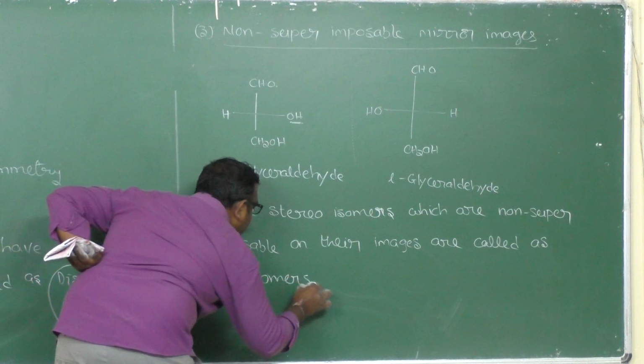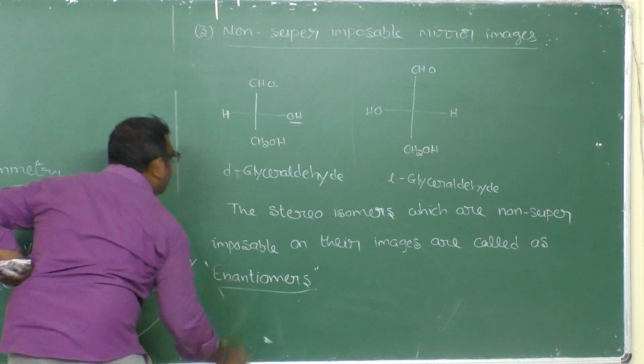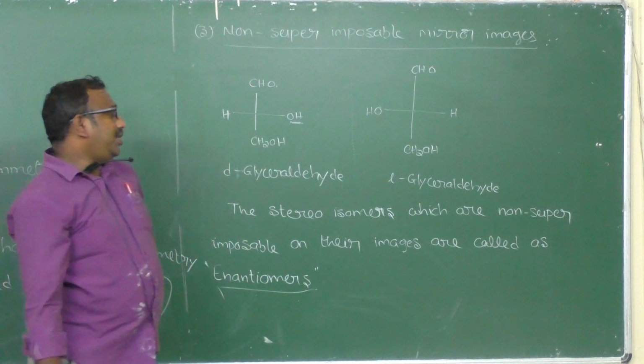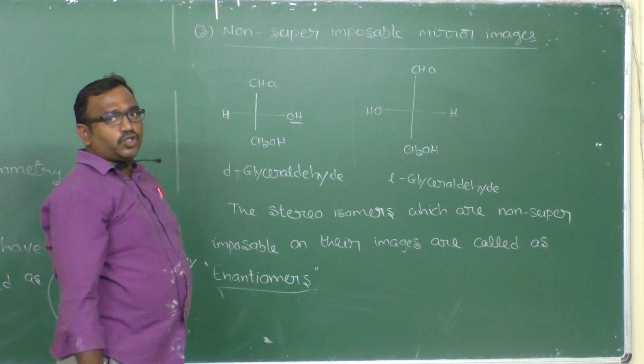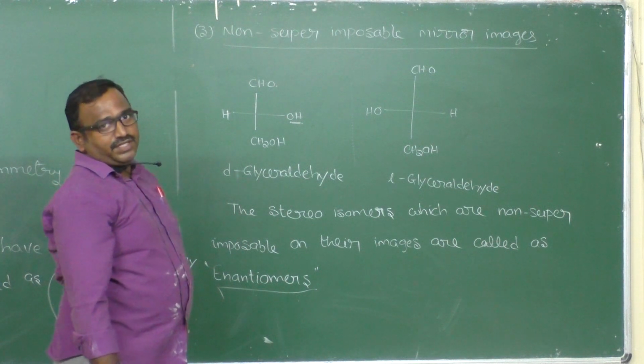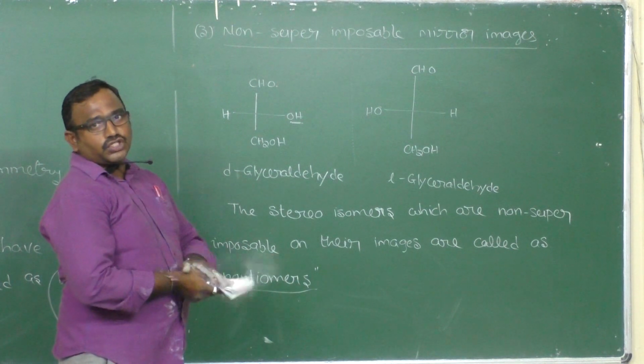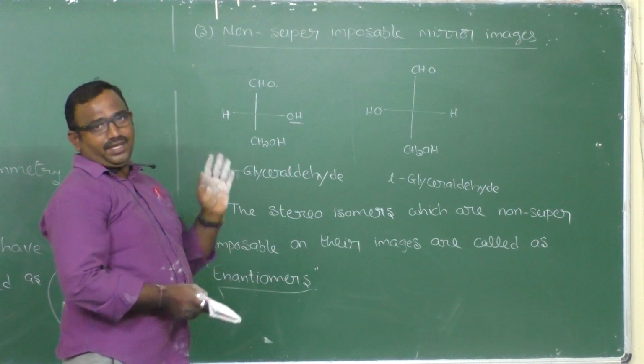Very, very important definition. What are enantiomers? Enantiomers are non-superimposable mirror images.